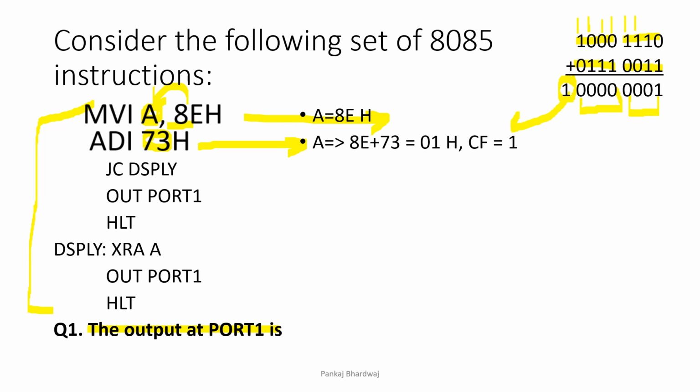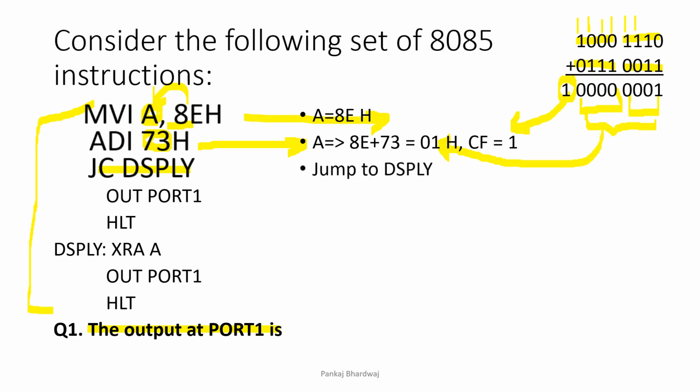So the content in the accumulator will now become 0 1 along with 1 carry. So this carry flag will be set, and this 0 1 comes in the accumulator as 01H. Now the next command is jump on carry. If the carry flag is set, then go to display. So this command says that we need to jump to the display.